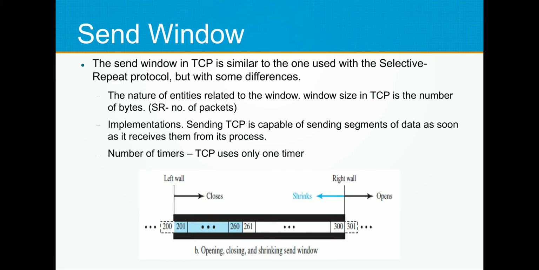Another difference between the send window implementations of TCP and selective repeat (SR) is the number of timers. In selective repeat, the process can use several timers, whereas TCP uses only one timer. That will be discussed later at the end of the chapter.